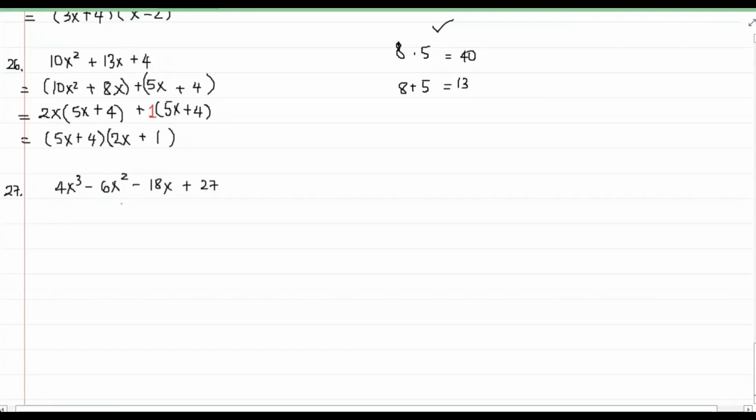So I can see 27 is 9 and 3, right? 18 is 9 and 2, 6 is 2 and 3, 4 is 2 and 2.